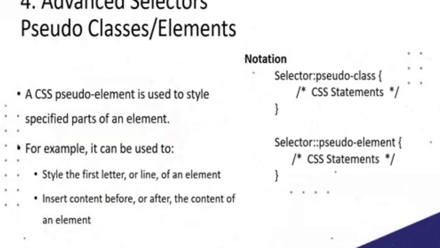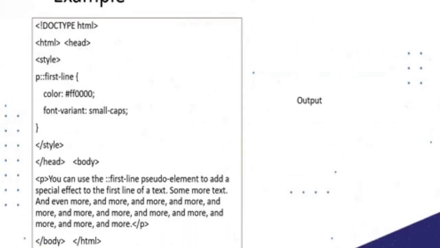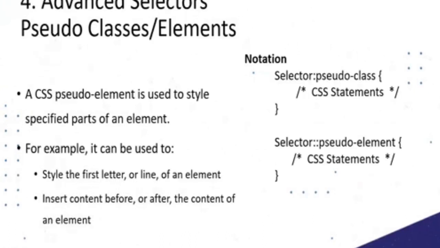Okay, so this fourth part, the pseudo classes. Let's say in one particular element, we want to select a part of it. For one particular paragraph, we want to select part of it.